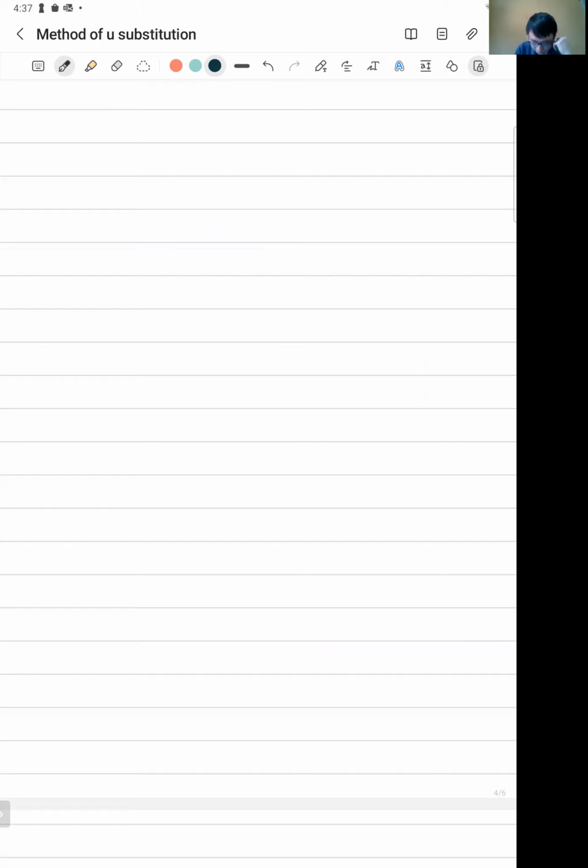By the way, we often see this in trigonometry. So if I ask you to integrate this one, how are we going to solve it? If you are a fan of sine of x, let's put u equal to sine of x, okay?